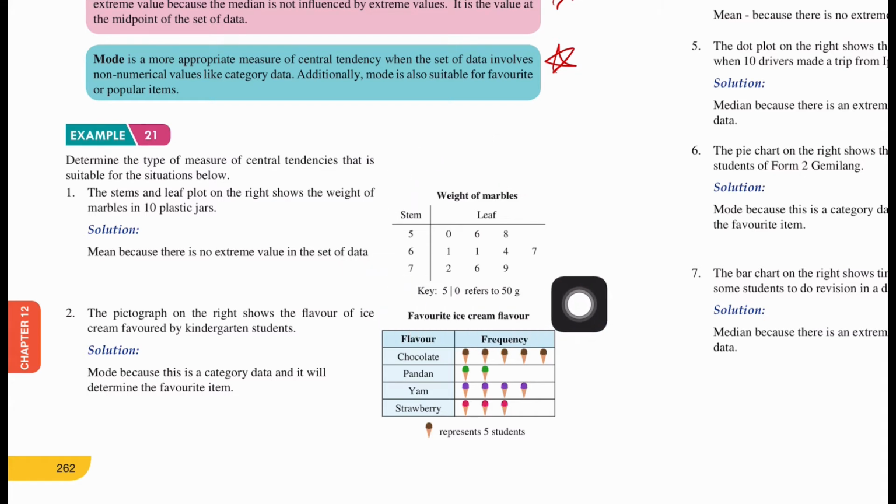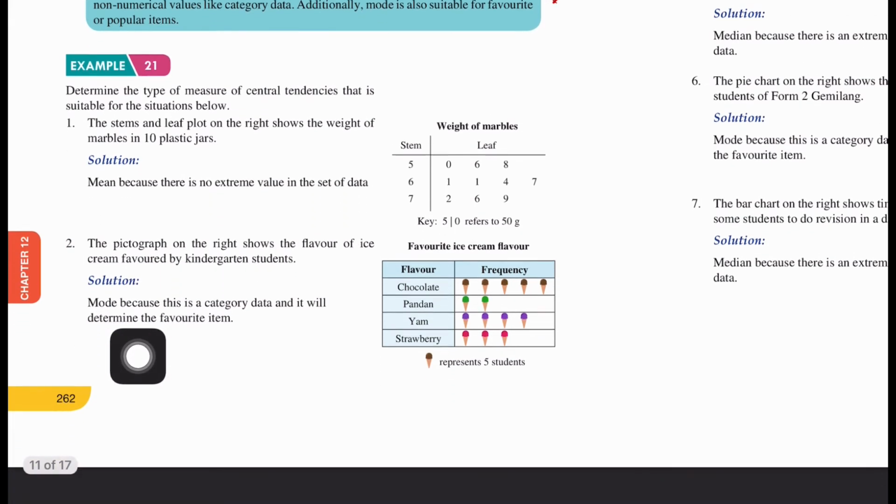So we have 50, 56, 58, 61, 61, 64, 67, 72, 76, 79. Ada tak any extreme values? Tak ada kan? Sebab tu dikatakan di sini mean, because there is no extreme value in the data set.